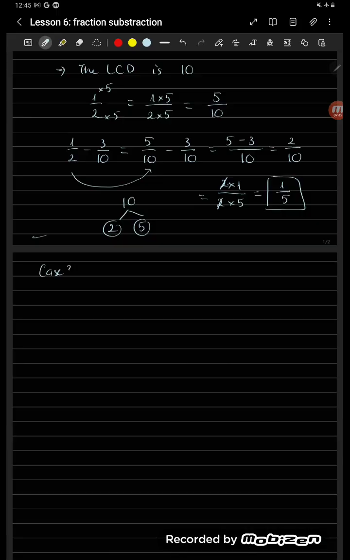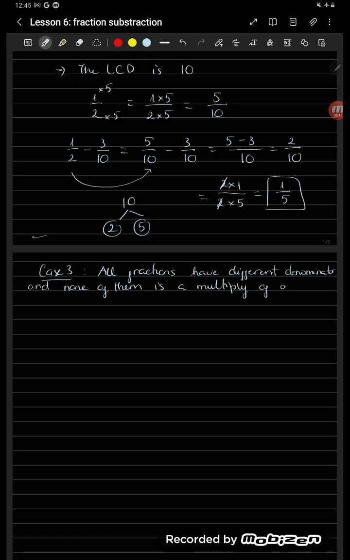Case 3 is also like fraction addition. For case 3, all fractions have a different denominator, and none of them is a multiple of all others.